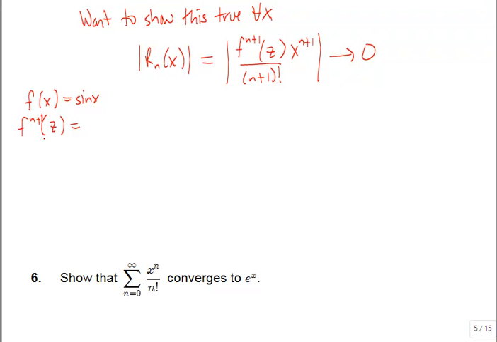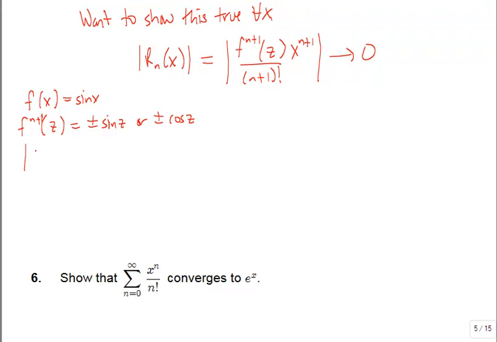They only cycle through those 4 possible values. So the nth plus 1 derivative is either plus or minus sine of x, or plus or minus cosine of x. And if we're looking at this at z, then this is going to be plus or minus sine of z, or plus or minus cosine of z.